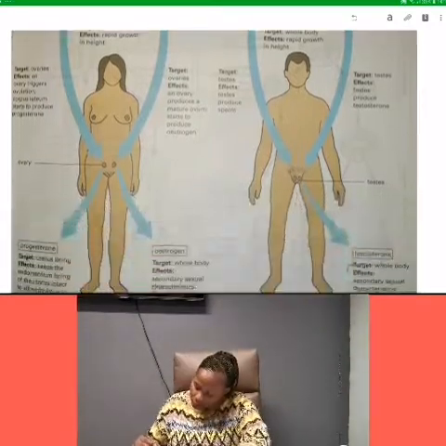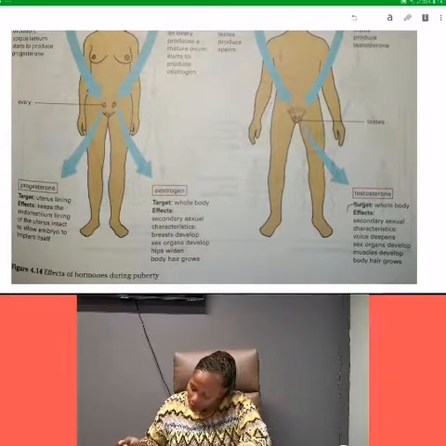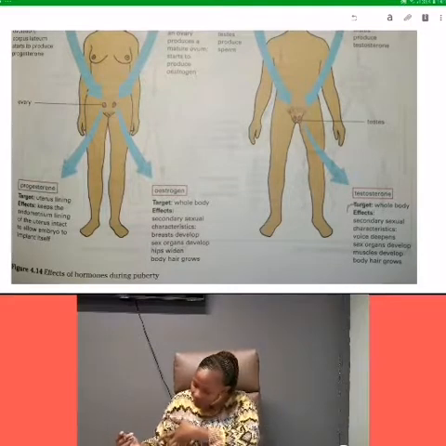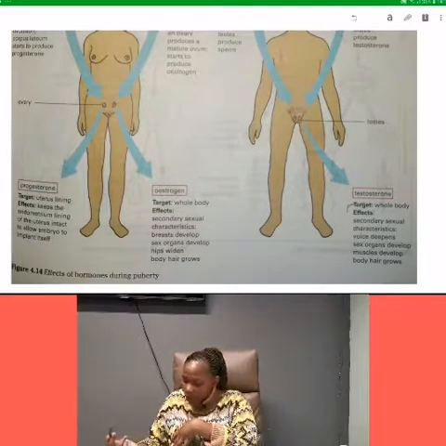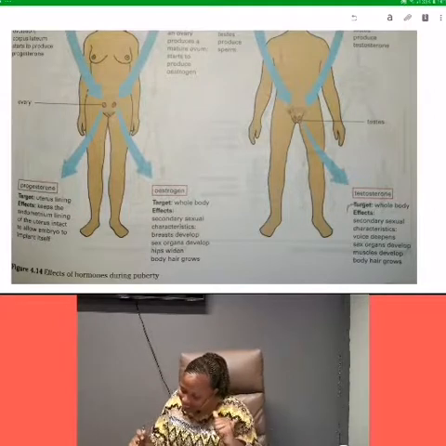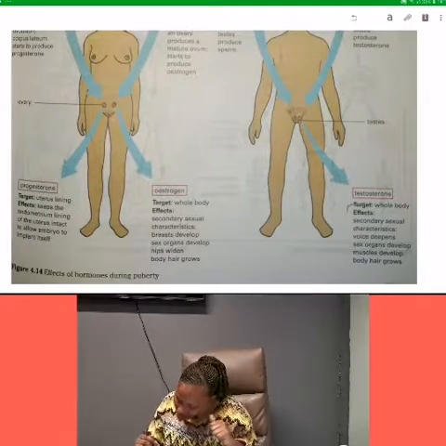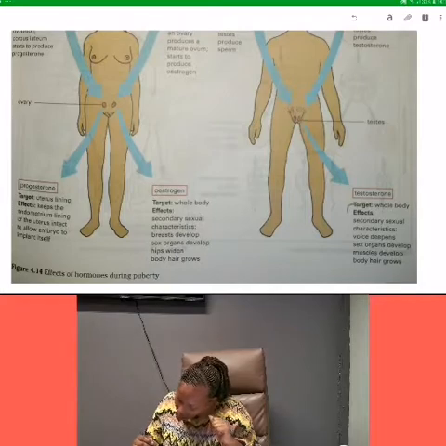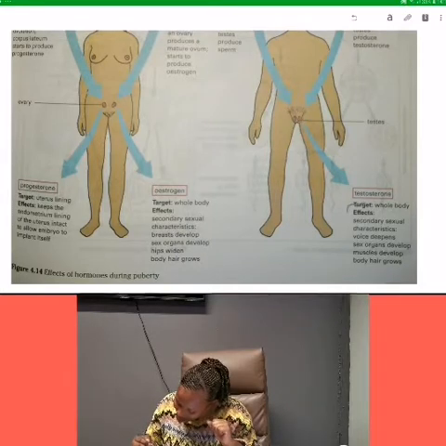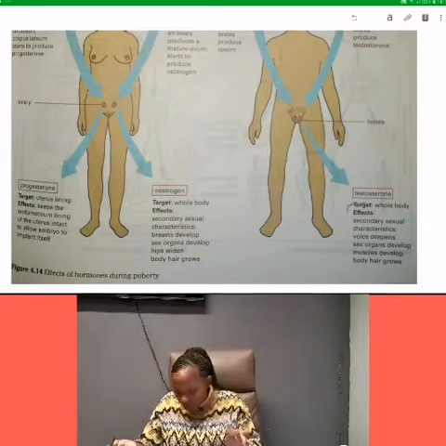Okay, and then the last hormone that we have is testosterone. It targets the whole body. Now it is responsible for the secondary sexual characteristics. The voice deepens, the sex organs develop, muscles develop, and body hair grows.